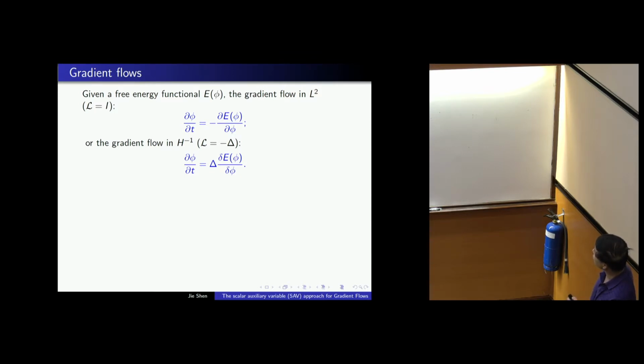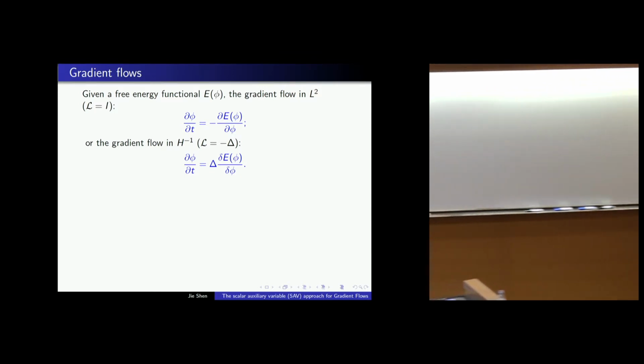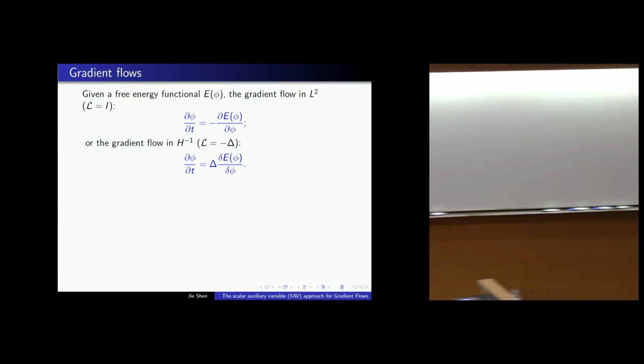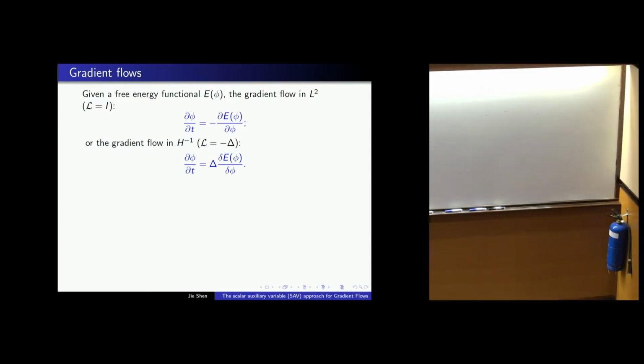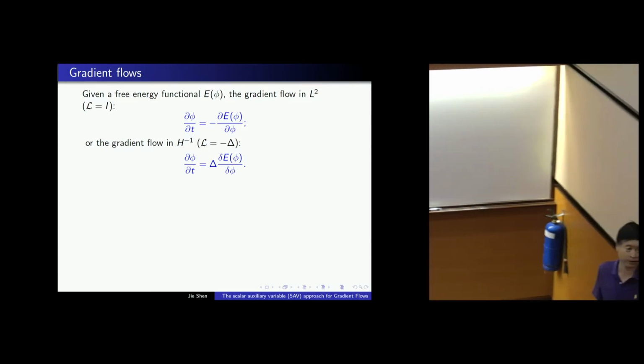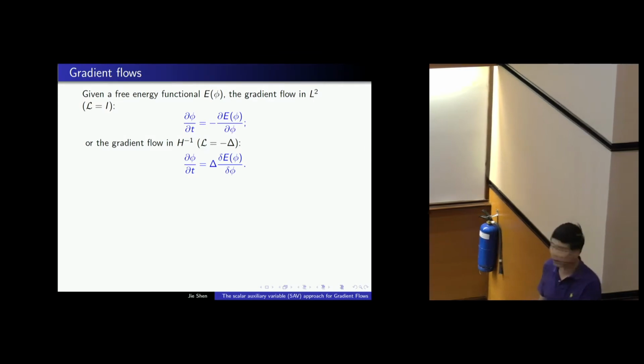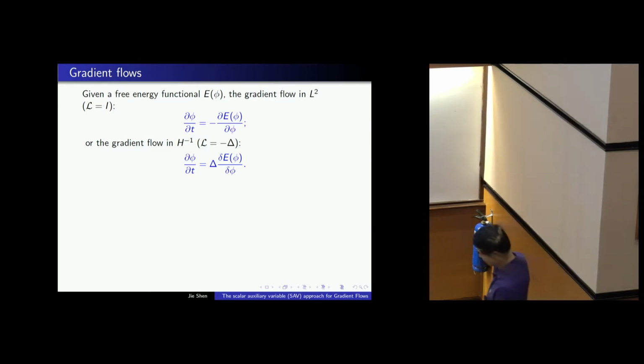You can talk about the gradient flow in L2, in this case L is just the identity, or the gradient flow in H-1, in which case the L operator is minus Laplacian, and you can even talk about the gradient flow in H-s, for s between 0 and 1, where L equals minus Laplacian to the power s. So you have a non-local operator in front of it.